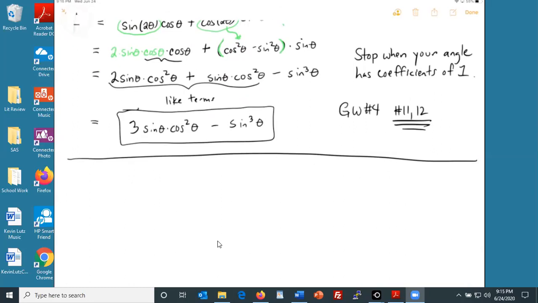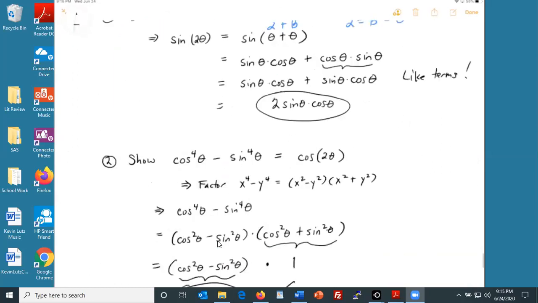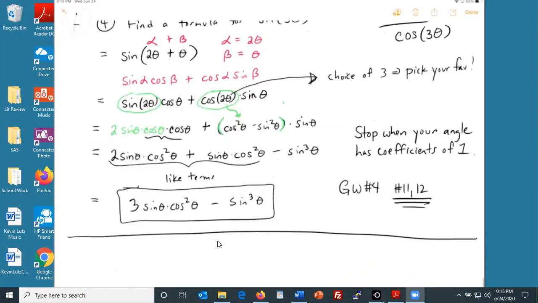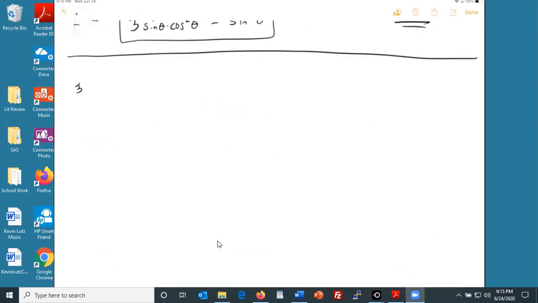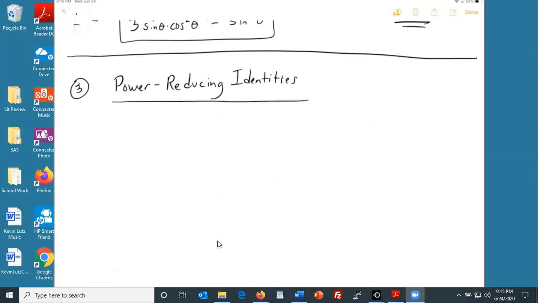Okay, so a couple more sets of formulas here. This was number 2, double angle identities. All right, number 3, these are called power reducing identities. And remember that in algebra, one technique that we use to simplify an expression is if there are any exponents, we try to reduce the exponents a little bit.